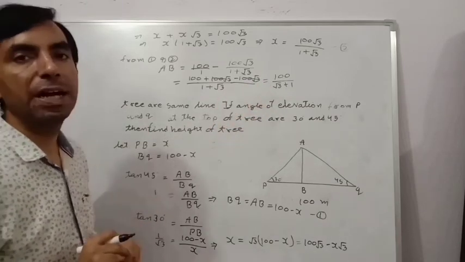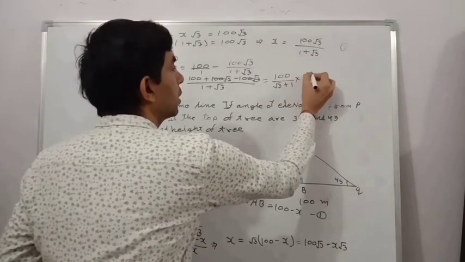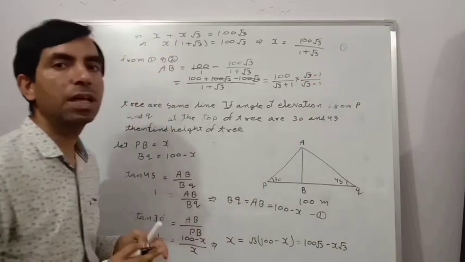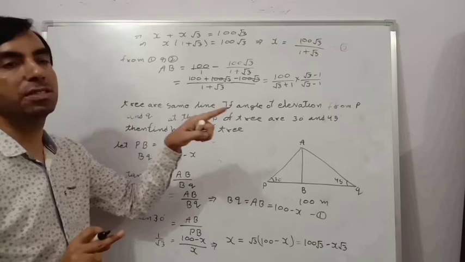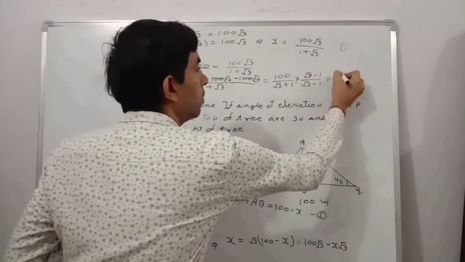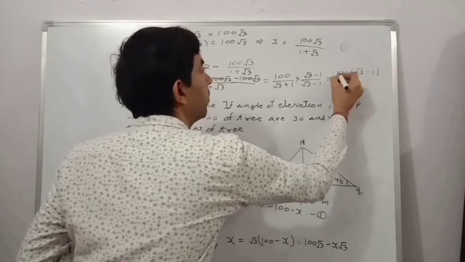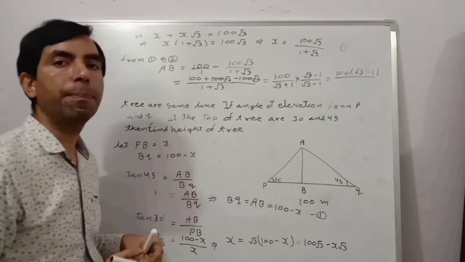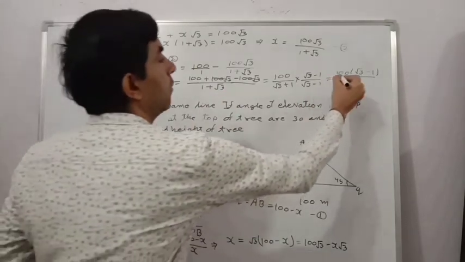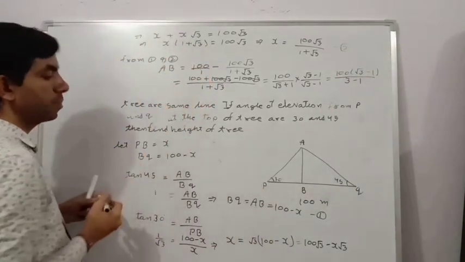So we multiply by root 3 minus 1, because conjugate means the values are the same but the sign is changed. We multiply the numerator as well. In the denominator, 100 times root 3 minus 1. If we multiply the denominator, a plus b times a minus b is a square minus b square. Root 3 square means 3, and 1 square is 1. 3 minus 1 is 2.